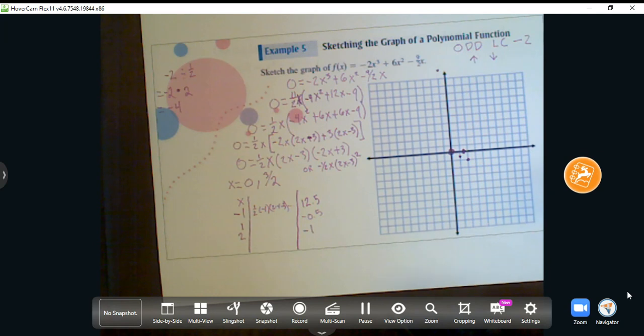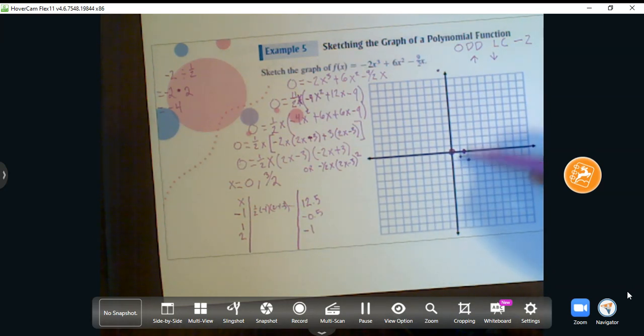So remember from our last page, if it has a multiplicity that is even, which 2 is even, it's going to touch it and then come back down, which means that at this point it's not going to go through, which is good because on our right side, our graph needs to continue going down.